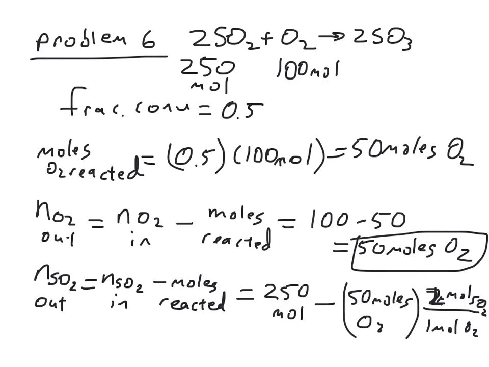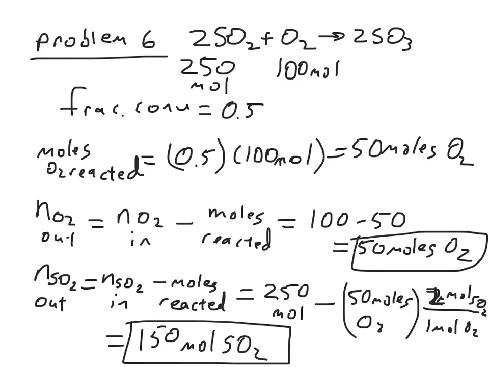So I can plug this in to find that 100 moles of SO2 react. We started with 250, and if 100 react, then we're left with 150 moles SO2 coming out of our reactor. And so now we know how much O2 and SO2 is leaving the reactor.